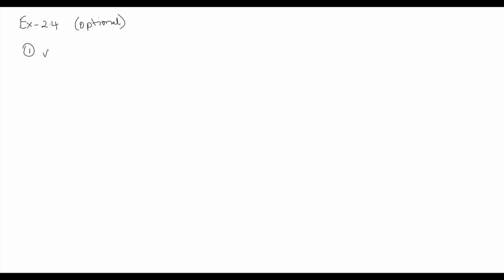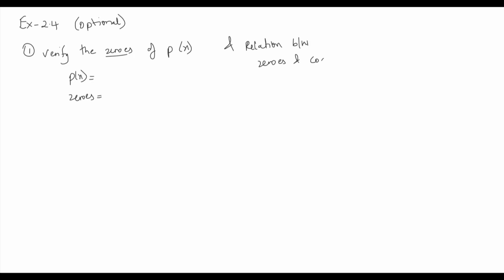So we have to first verify the zeros of a particular polynomial p of x, where p of x is given and zeros are also given. And it's also asking us to verify the relationship between zeros and coefficients.